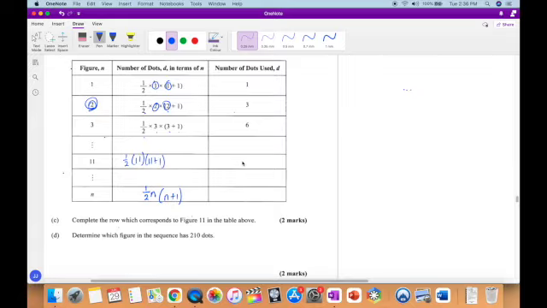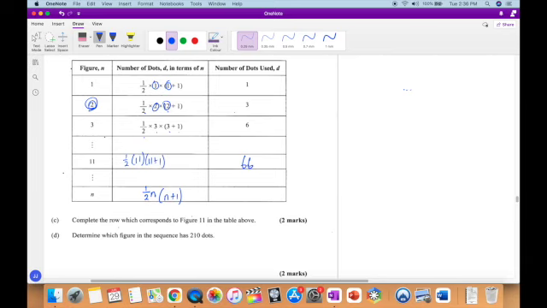And so over here now, we will have the number of dots used being about 66.